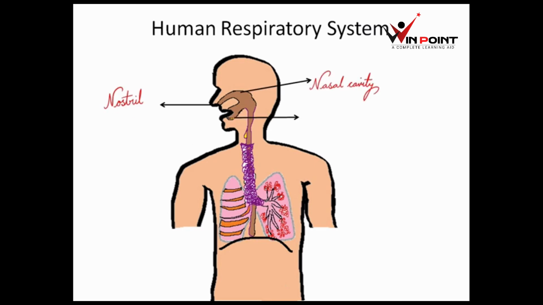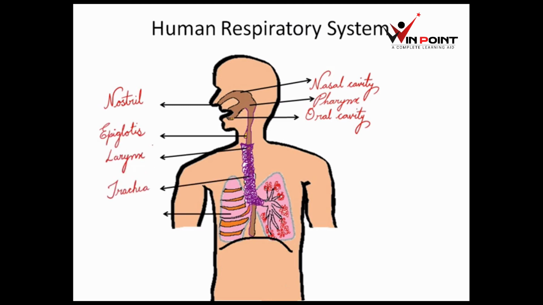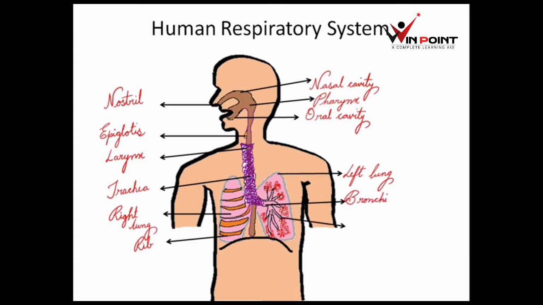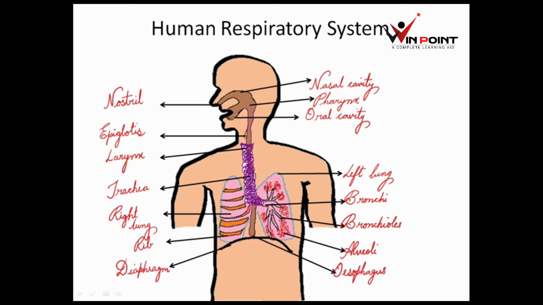This is oral cavity, pharynx, epiglottis, larynx, trachea, right lung, left lung, rib. We can also call it rib cage, bronchi, bronchioles, alveoli, diaphragm, esophagus.